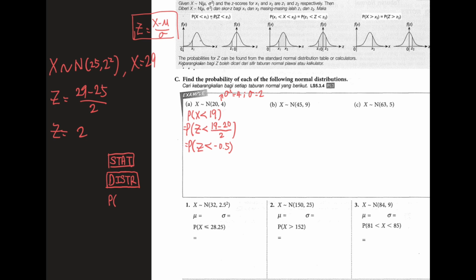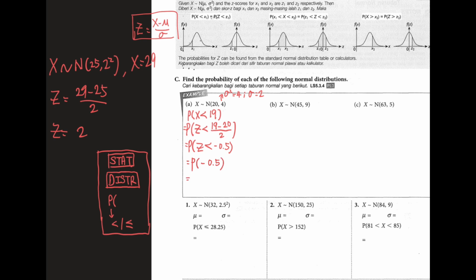This is how we press the calculator. Why do we choose P? P is for less than or equal. Our question is less than, so we use P. After the P comes out, you put the negative 0.5 inside.